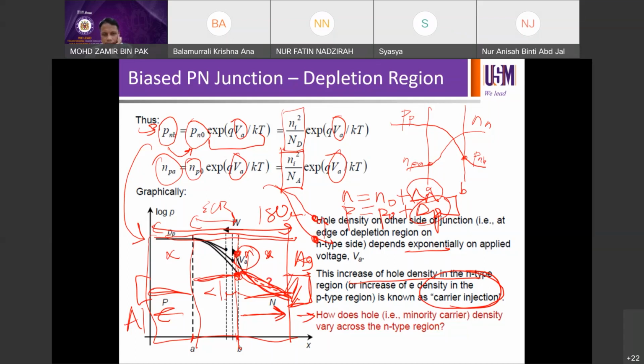What has stopped the carriers from flowing at thermal equilibrium condition before this? Anyone? What causes the carriers to stop moving at thermal equilibrium condition?